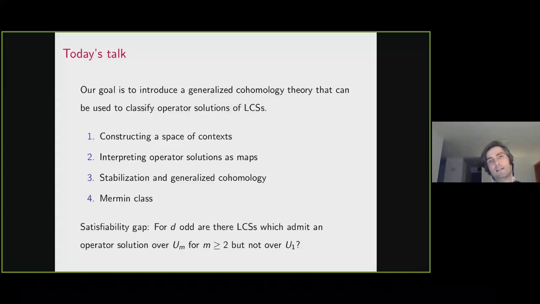So when the local dimension, or the d in Z mod d, is odd, the interesting question is, are there linear constraint systems which admit an operator solution over unitary matrices U_M, where M is greater than or equal to 2, but not over U_1? These would be contextual linear constraint systems for odd d. If you restrict your solutions to the generalized Pauli group, then we know that no such thing exists. So one has to look at other observables outside the generalized Pauli group.